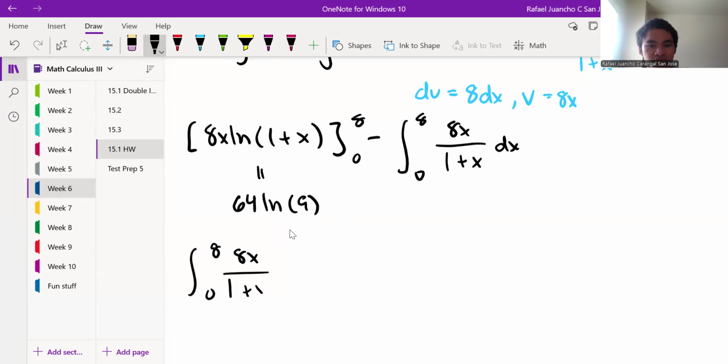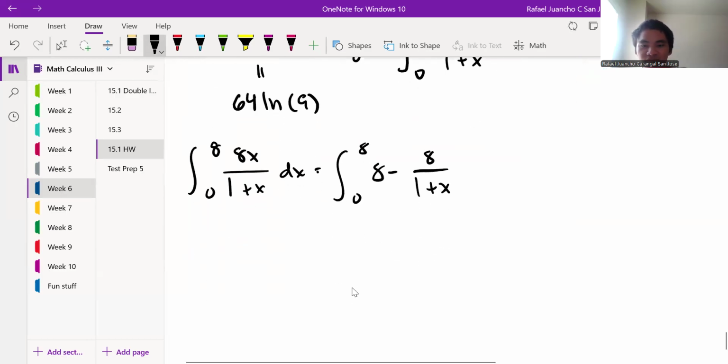For the second part, this thing, I'll just write it like that. It wants me to rewrite it in a way like this. So this is 8 minus 8 over 1 plus x. And then that one's easier, right? So this is actually a partial fraction, I think. Or no, I don't think it is. It's just a way of doing it.